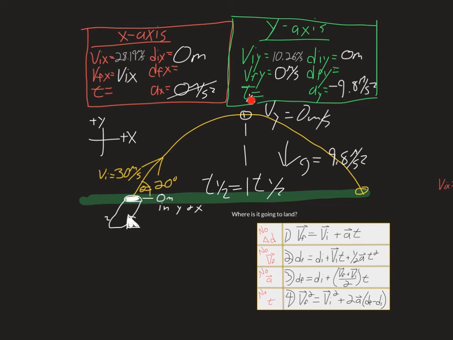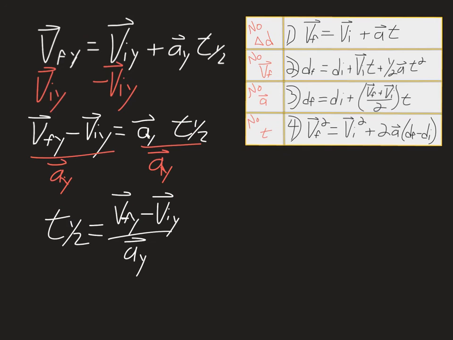And remember, it's a half time for this overall equation. So here, notice I've written down my equation and I've made it fit the y-axis that I have. So my VFY is equal to my VIY plus my AY times time 1/2. I even put my designator for my time.